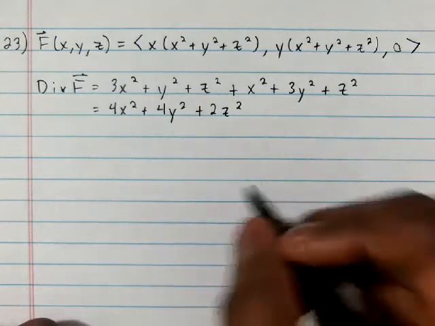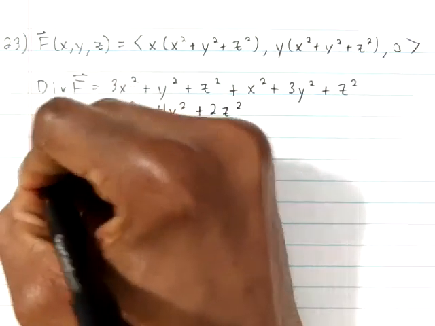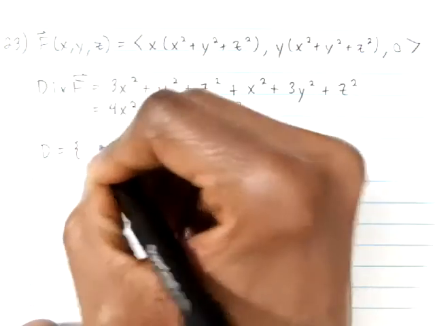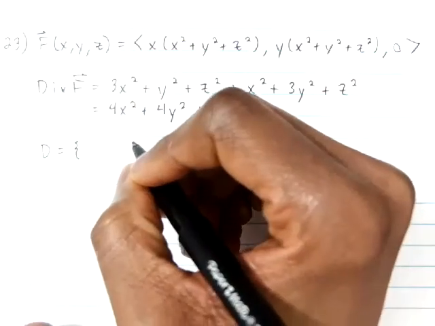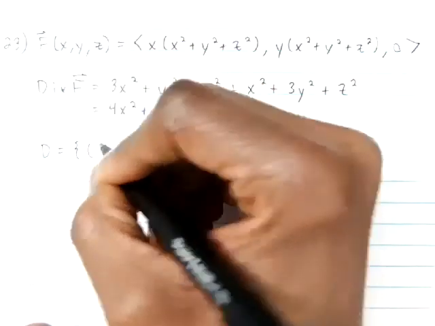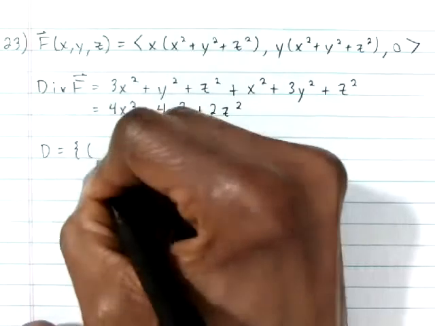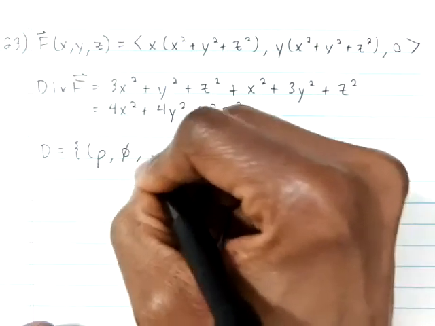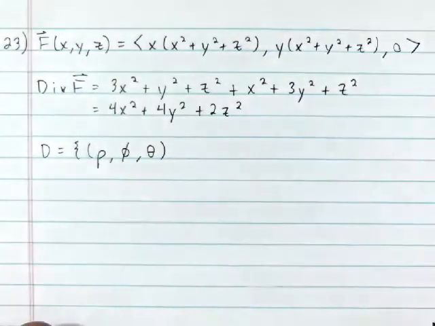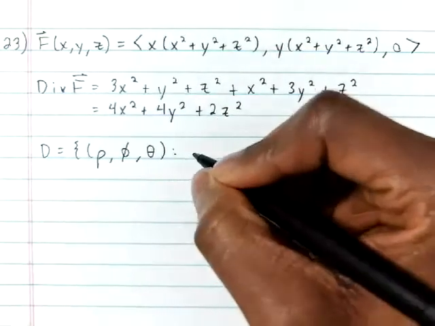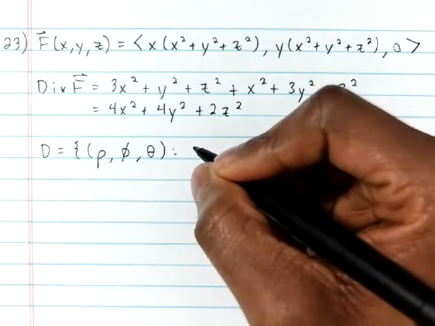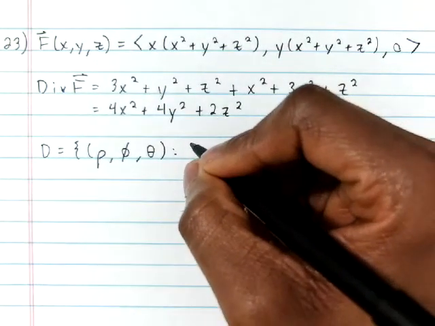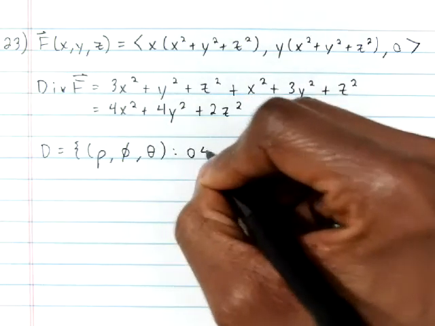So the region D, our sphere was x squared plus y squared plus z squared equals 9. So here we do rho, phi, theta, where because our radius is 3, rho is going to vary between 0 and 3.